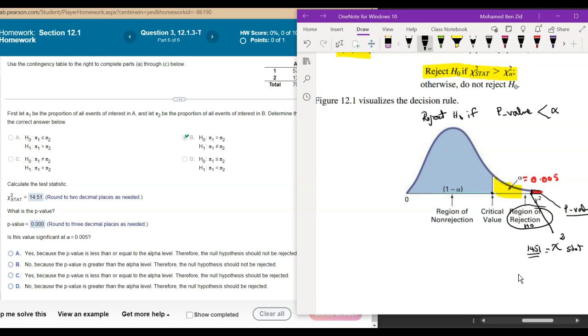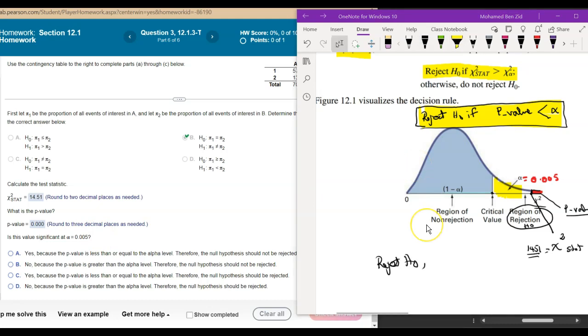This is the sentence you're going to use as a reference. Obviously here 0 is smaller than 0.005, so definitely I'm rejecting H0. So your conclusion here: reject H0.